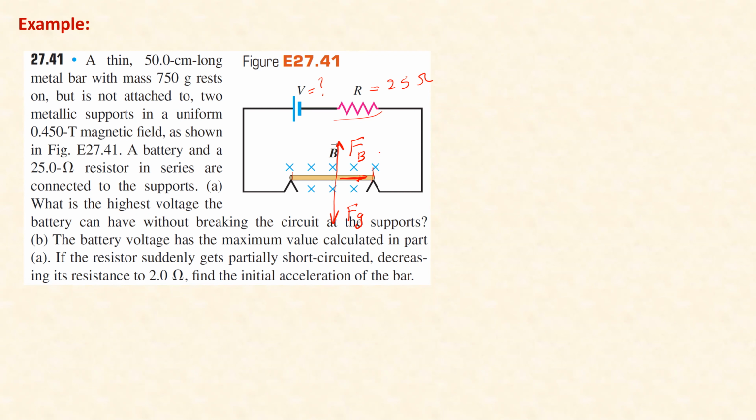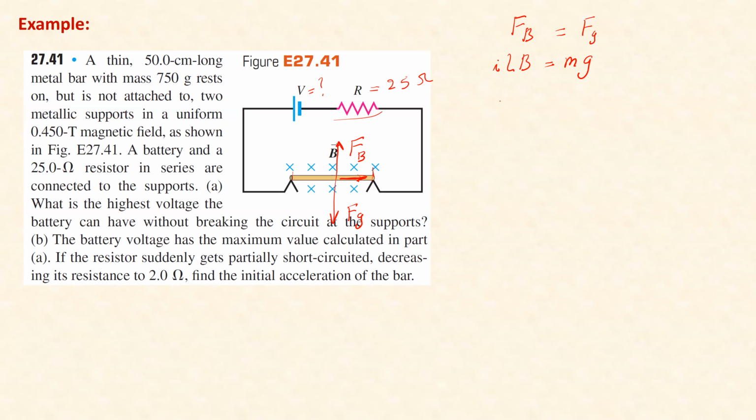So at the critical voltage where these two forces are the same, we say ILB is equal to mg. The force of the magnetic field is opposite to, let me write only the magnitude, not the vector, force of B is equal to force of gravity.